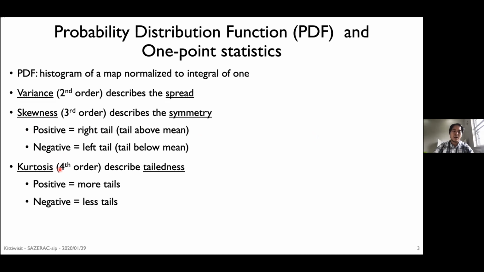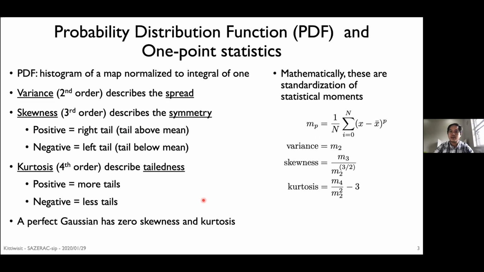Kurtosis will be positive if the distribution has more tail than peak, and vice versa. Just for a note, a perfect Gaussian distribution has zero skewness and kurtosis. And in statistics, these are simply the standardized moments, the statistical moments of the signal.